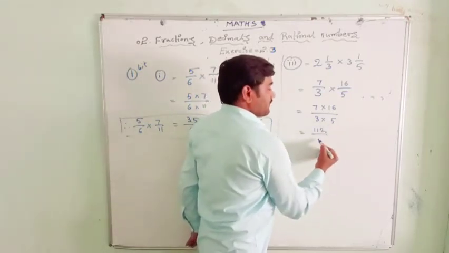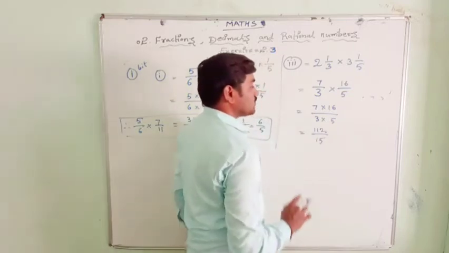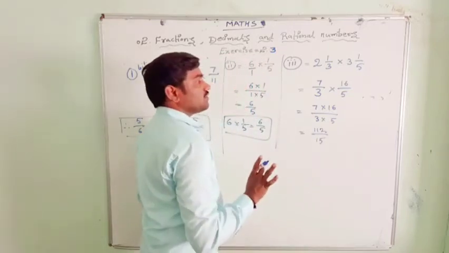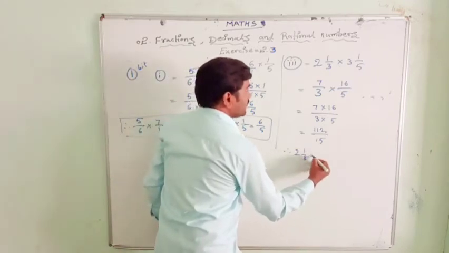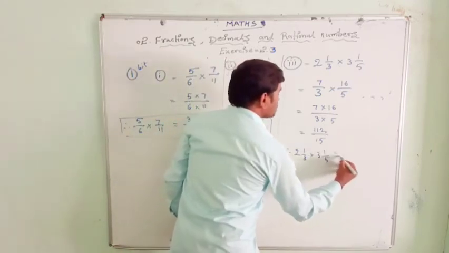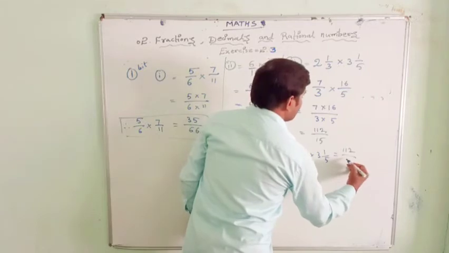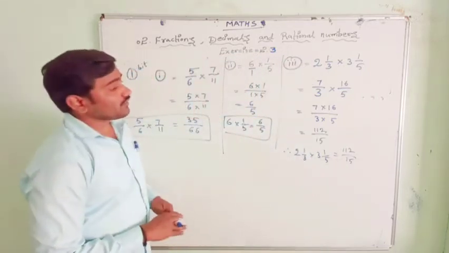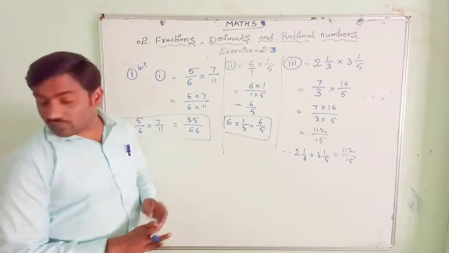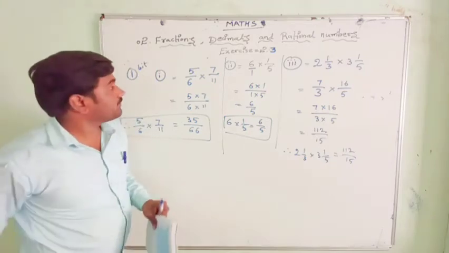Now 3 fives are 15. So this will be the answer. I hope you understand this bit now. 2 whole 1 by 3 into 3 whole 1 by 5 is equal to 112 by 15. Okay, then now we go for the second bit.